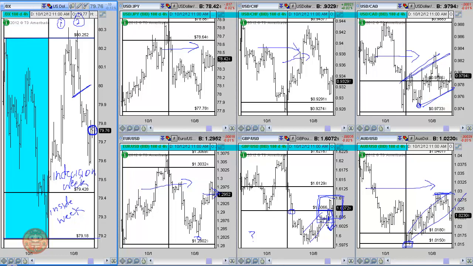So when you have that kind of scenario, it really puts you on alert that the market is having problems continuing in one direction. That's the easiest way for you to determine that you probably don't want to be trend trading.